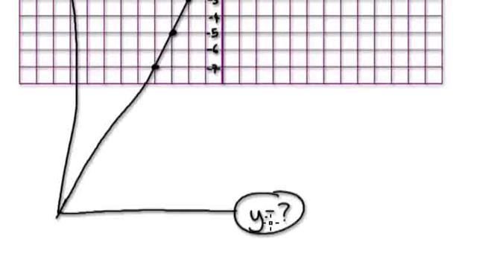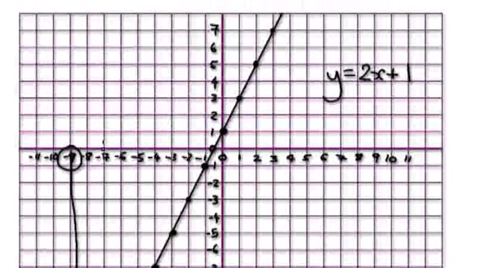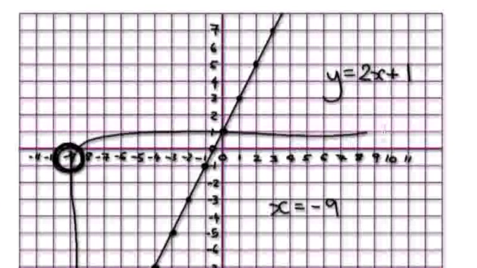Once you have your equation, you can put the minus 9 into this x here. So 2 times minus 9 is minus 18, and then you add 1, so that will be minus 17.